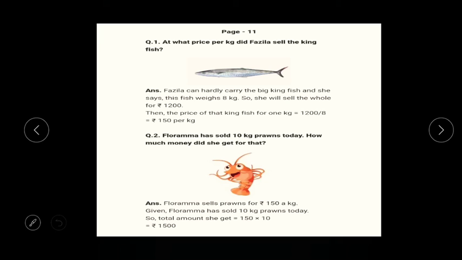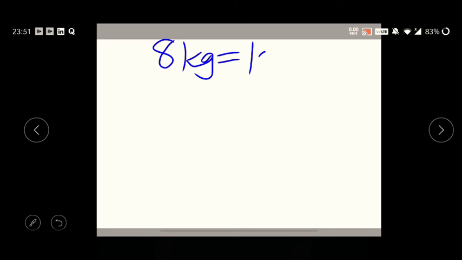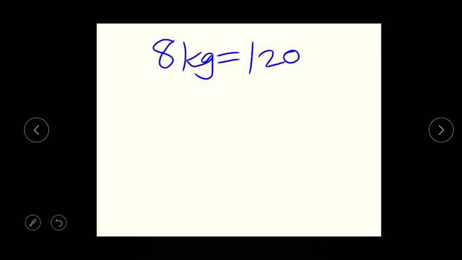So she will sell the whole for 1200 rupees. Let's calculate. 8 kg for 1200. So for 1 kg, how many rupees?